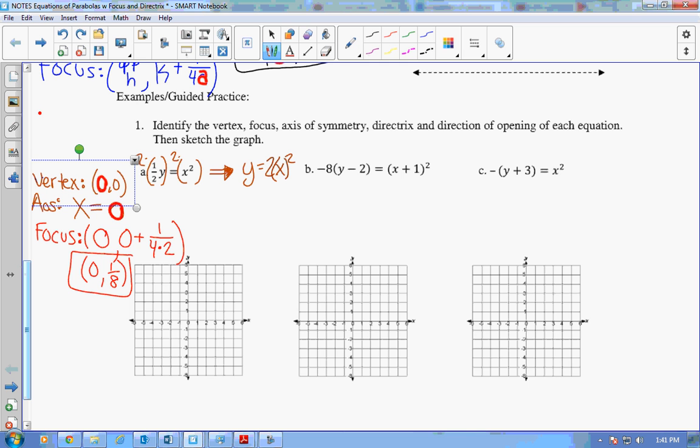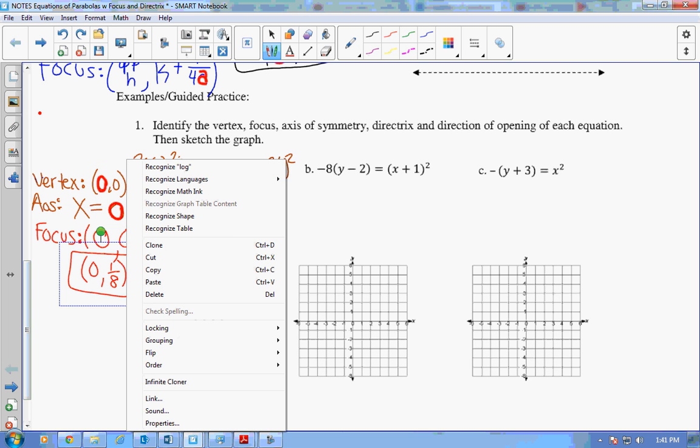The directrix is another thing we need. It's an equation, though, of a line. The directrix goes horizontal. Which axis do you cut through if you're going horizontally? The y. So this is y equals. It's almost identical to what we did in the focus, except it's subtract.